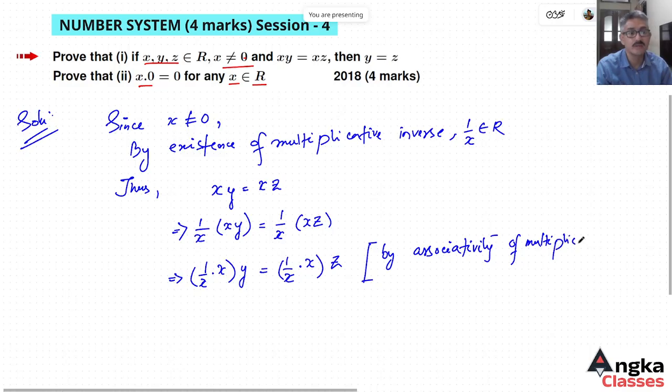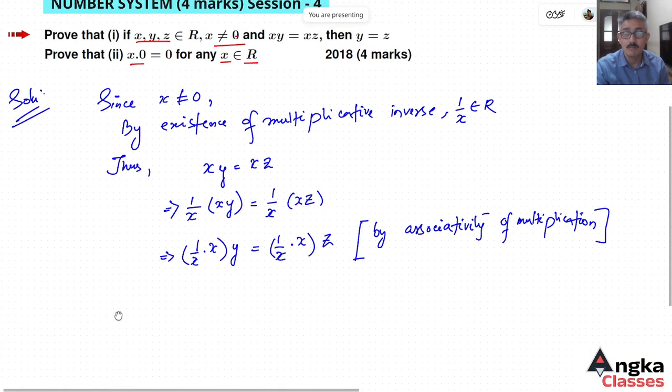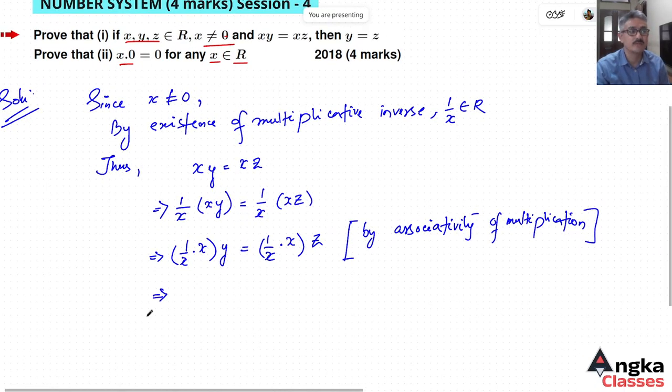Then 1 by x into x is 1, which is equal to 1.